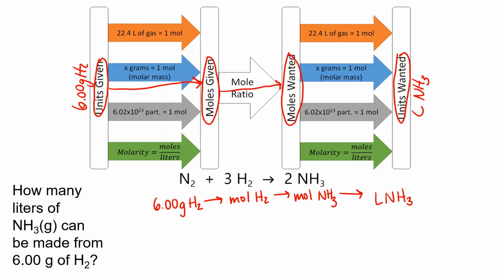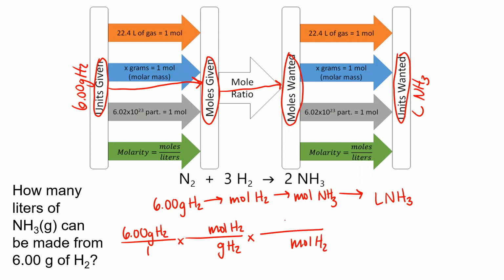The way that we would set this up, we would start with our 6 grams of hydrogen. My first step, I want to change grams of hydrogen into moles. Then I want to change the moles of hydrogen into moles of ammonia. So that's going to be our mole ratio. And then I want to convert moles of ammonia, since this is a gas, into liters of ammonia.